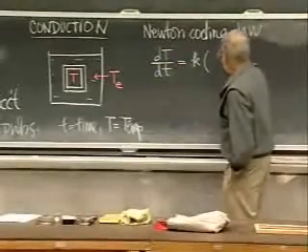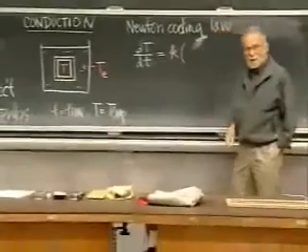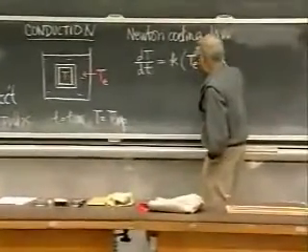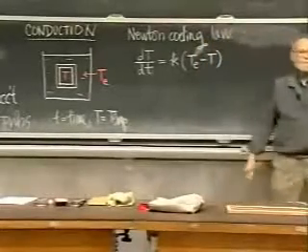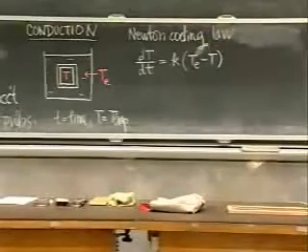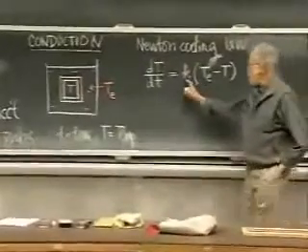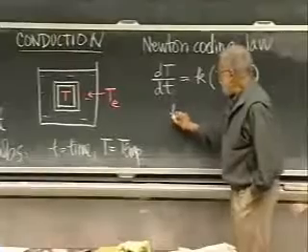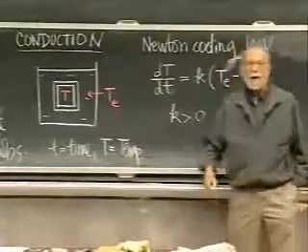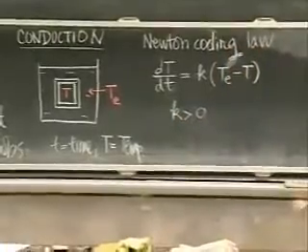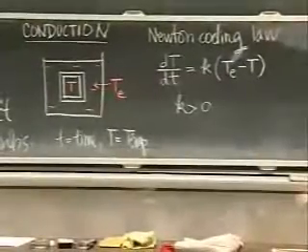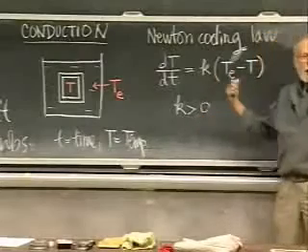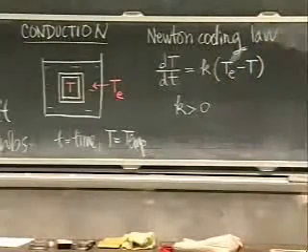Now, how shall I write the difference? Write it this way, because if you don't, you'll be in trouble. Now, why do I write it that way? Well, I write it that way because I want this constant to be a positive constant. In general, any constants or parameters which have some physical significance, one always wants to arrange the equation so that they're positive numbers, the way people normally think of these things.